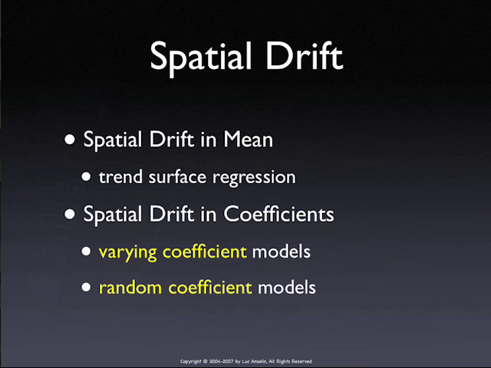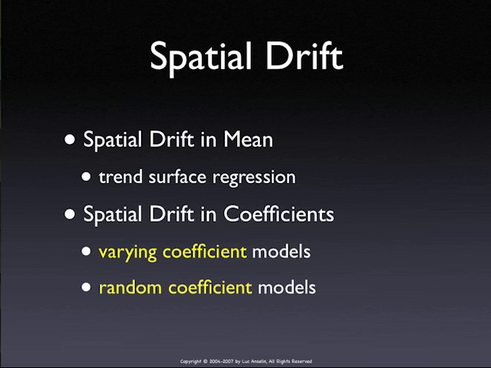And the first approach is trend surface regression. This is really the simplest way to deal with what geographers have referred to as spatial drift. Spatial drift is the way in which the parameters of a model change over space. And so then we can think about which parameters change over space.